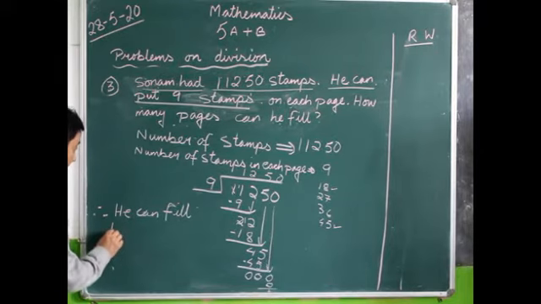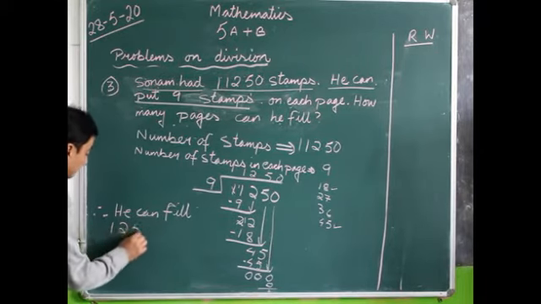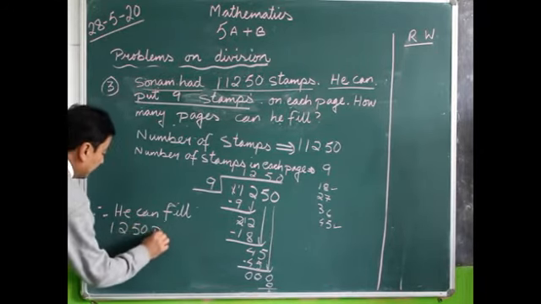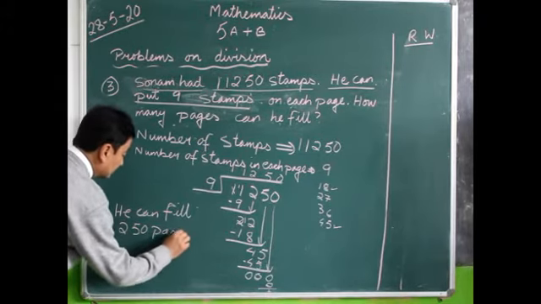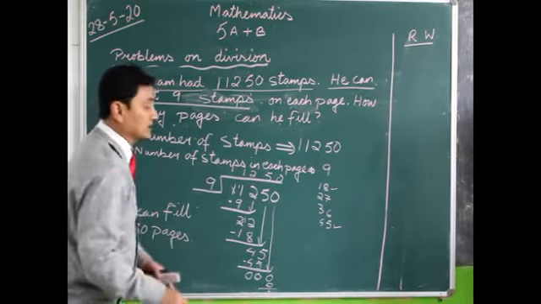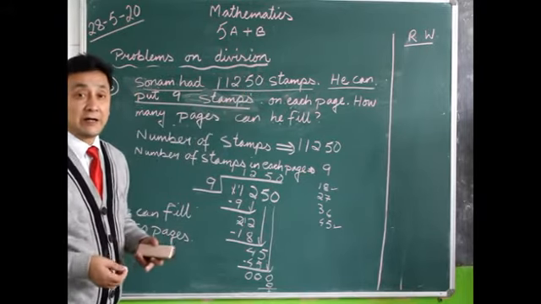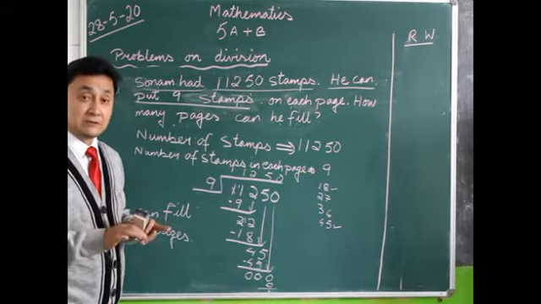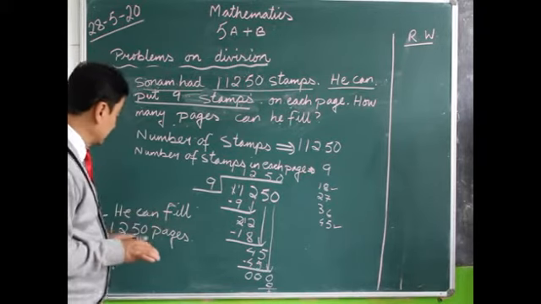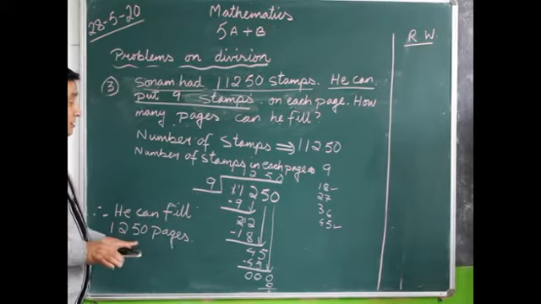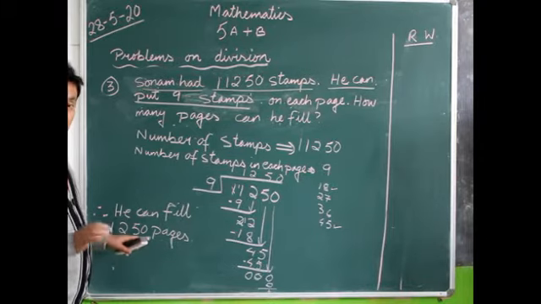Yes, 1250 pages. So the question says, how he has this many stamps. How many pages is required if he puts 9 stamps on each page? So the answer is 1250. I hope you understood.